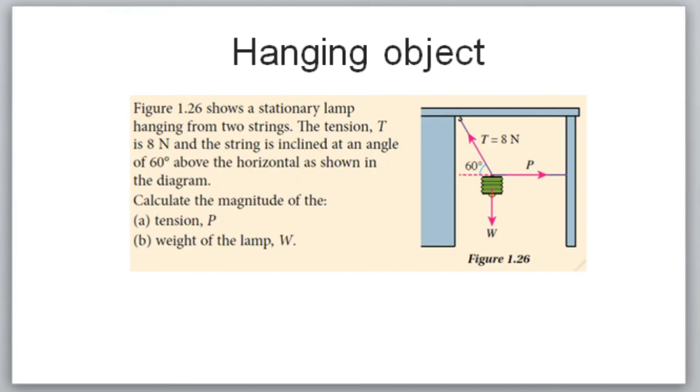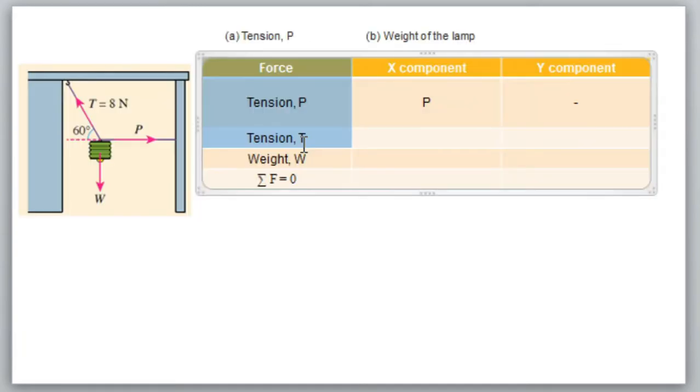And last question, for the hanging object, once again we apply the table method. So the first step is to write all the forces acted on the object, and the first force, which is the tension at P, at X component, it only has P, which is the force.